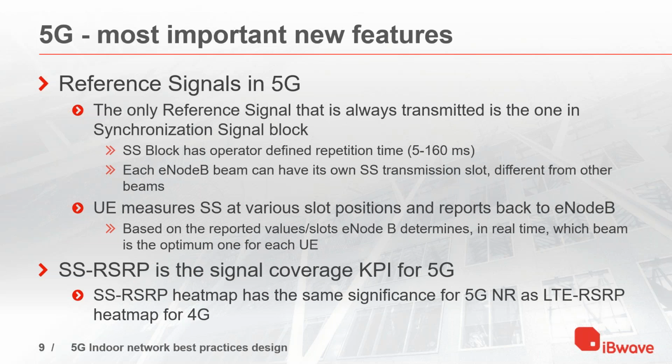So why would we want that? Why would we want the synchronization signal transmission slot to be different on one beam than on another? Because the UE measures the synchronization signal at various predetermined slot positions and reports back to the eNode B. Based on those measurements, the UE can say, all right, at this particular slot position I have measured the strongest SS block.